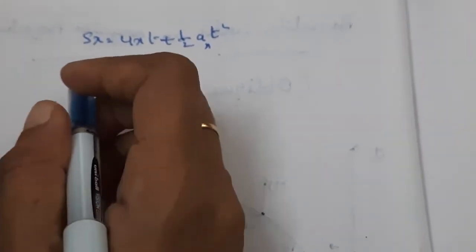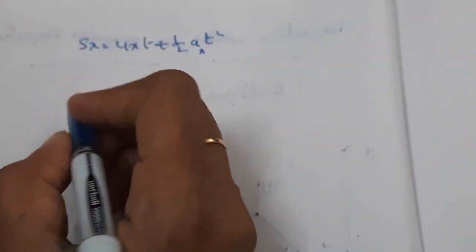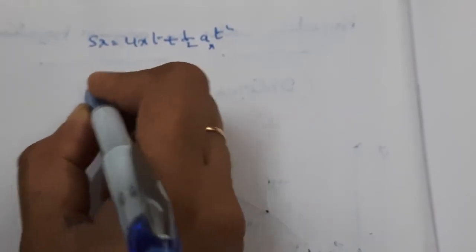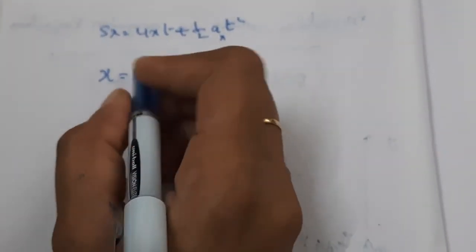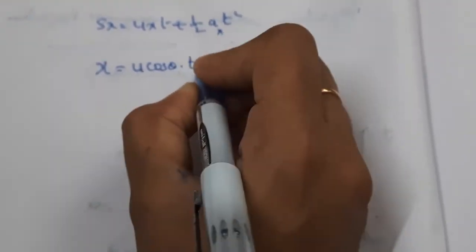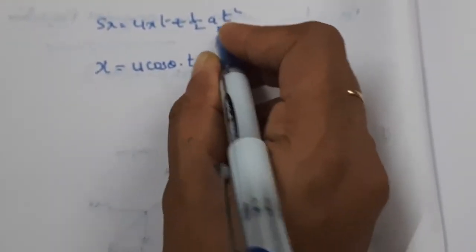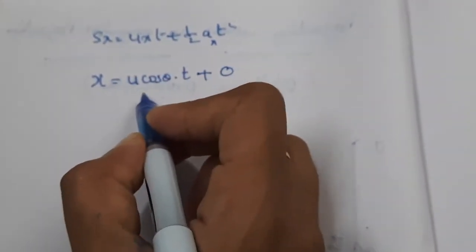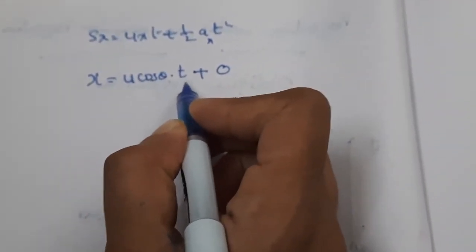The horizontal distance travelled by the projectile in time t is Sx, x is equal to ux, u cos theta into t plus half ax, and ax is equal to 0. So it is equal to 0. So x is equal to u cos theta into t.